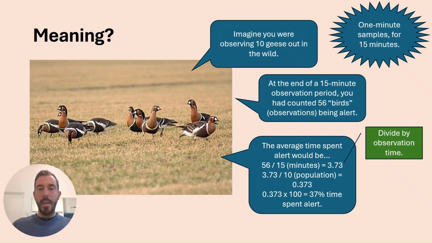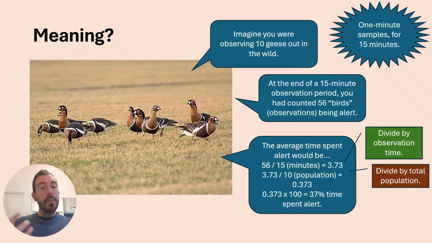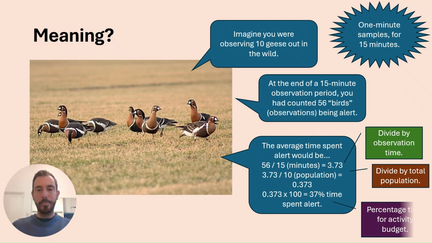So that would be dividing the 56 occurrences, the 56 counts, by the overall observation time. So 56 divided by 15. We will then need to divide that by the population of geese in our sample. So that's 10. And then we need to create our percentage for activity budget. So we multiply it by 100.